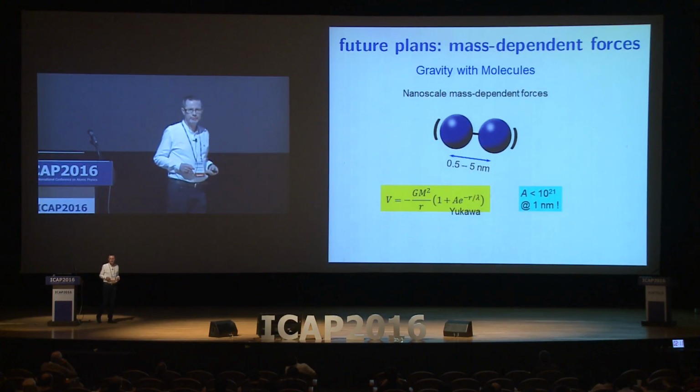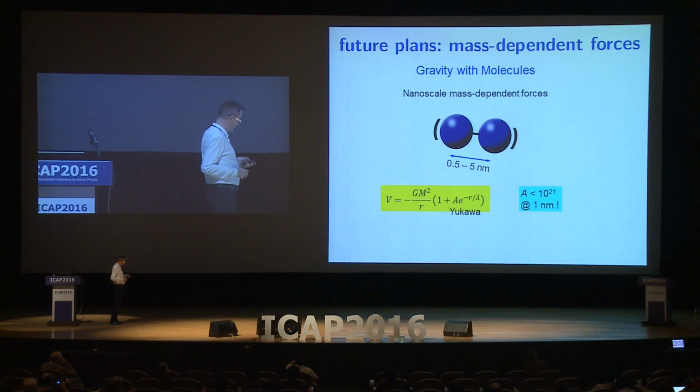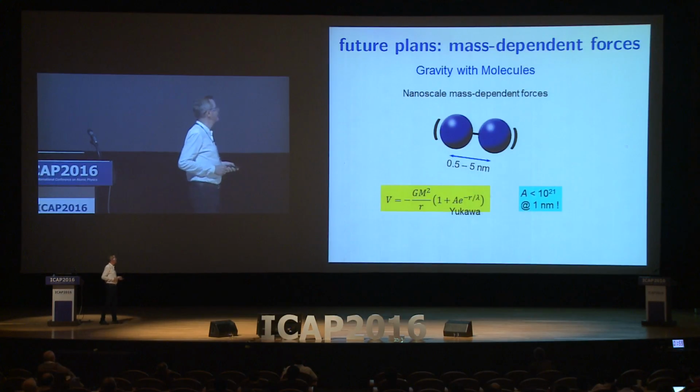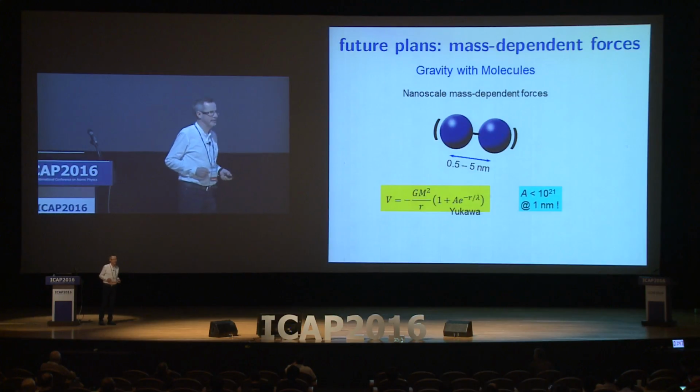Okay, I have 2 minutes left, so I will tell you what are our future plans about strontium molecules. The future plan is to look for gravity with molecules. There is a conjecture that there is a correction to the Newton gravitational law, which is of Yukawa mathematical form.